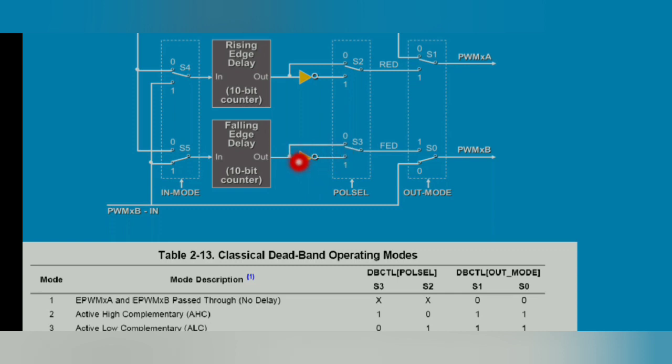Here S4 and S5 are connected to 0. If S2 is connected to 0 and S3 is connected to 1, we get active high complementary signals, because this is the active high signal and S3 is connected to 1.